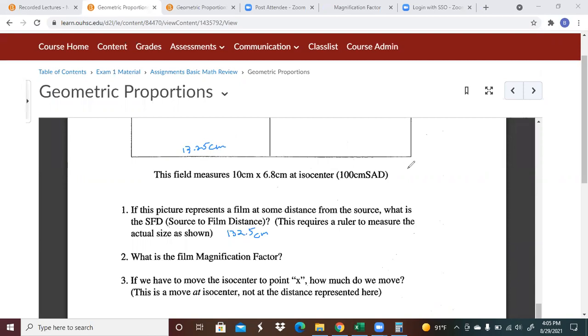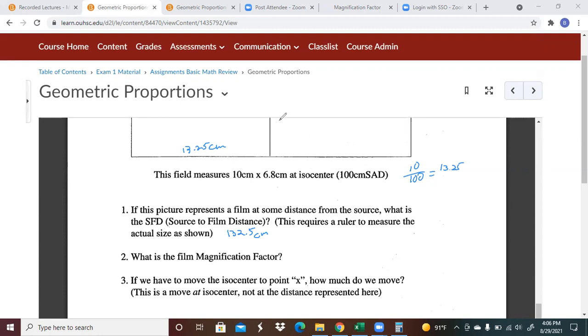So you'll end up with, and this is measured at ISO, if you've got 10 at 100, the actual measurement turns out to be 13.25 when you just measure from here over to here. Technically, when you measure a field, it should go from one side over to the other.